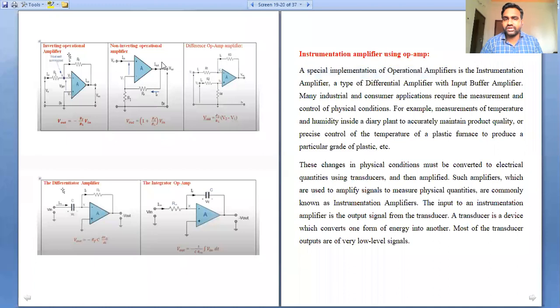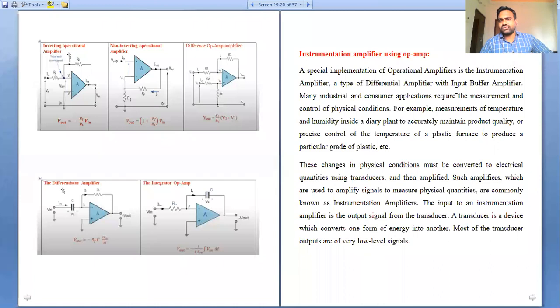We use two inputs, inverting and non-inverting inputs, and it is not a single connection, it is a special arrangement. Here we use a differential amplifier preceded by an input buffer amplifier, or voltage follower circuit.